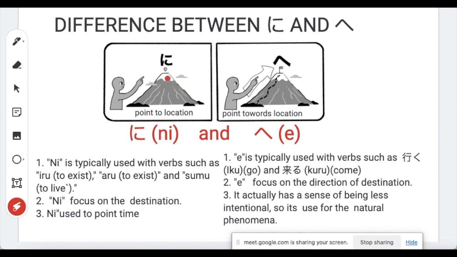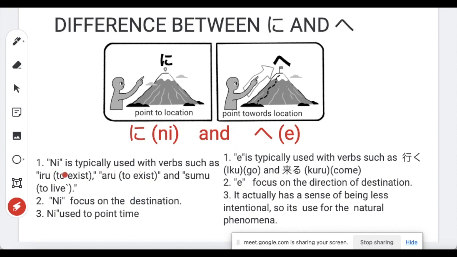Okay, this is yama, meaning mountain. Ni is here, but we are taking the help of an arrow to define the location. So this is the pictorial. You can imagine this is the correct difference between ni and e, even if both are used for direction. So now let's see.